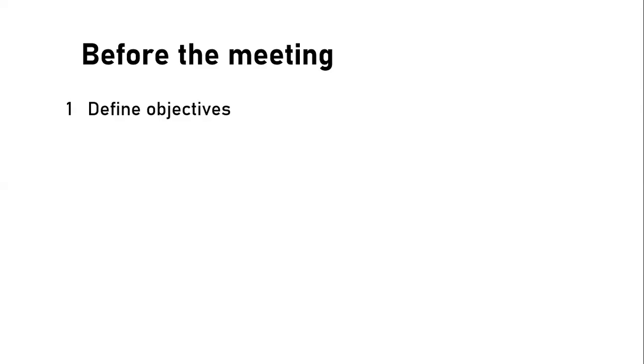What we are going to discuss in this meeting, and why we are having this meeting at this particular time and duration. So we have to define the objective first.